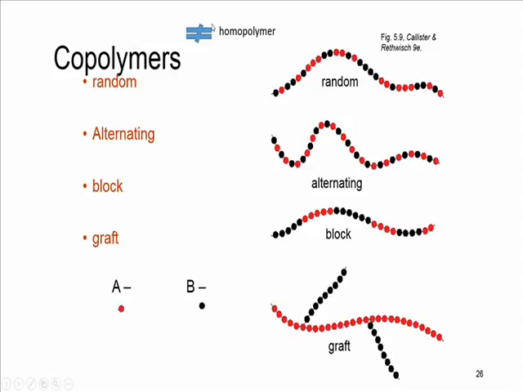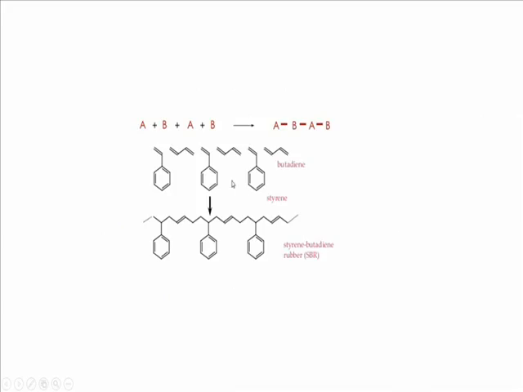Remember, copolymers are in contrast to homopolymer, in which we only have one unit. An example of alternating copolymer is shown here, where we have one unit of styrene and one unit of butadiene, which results in a copolymer called SBR.